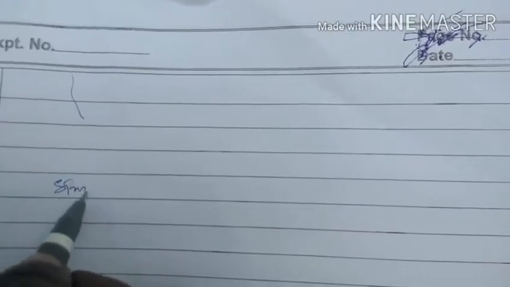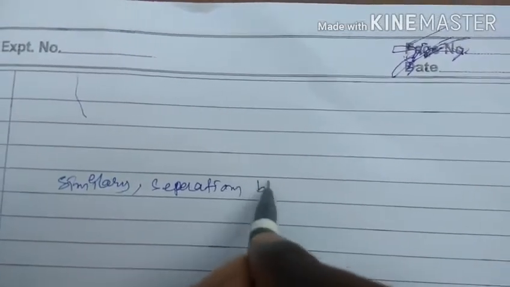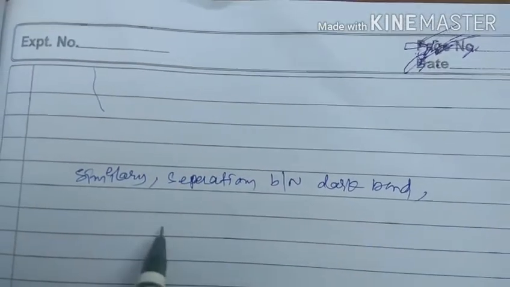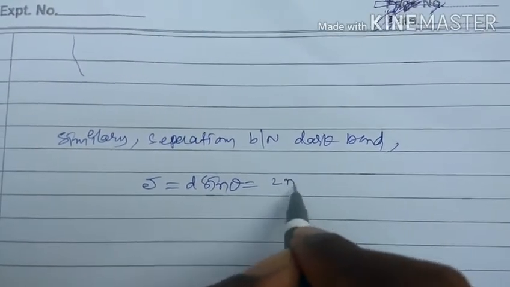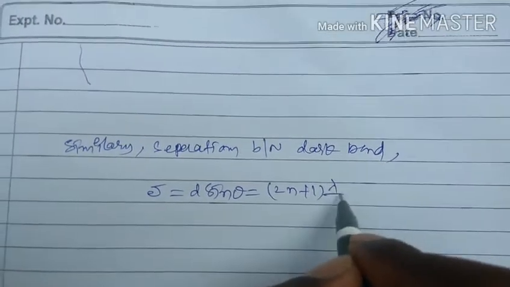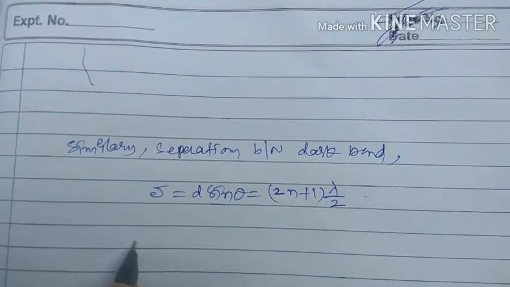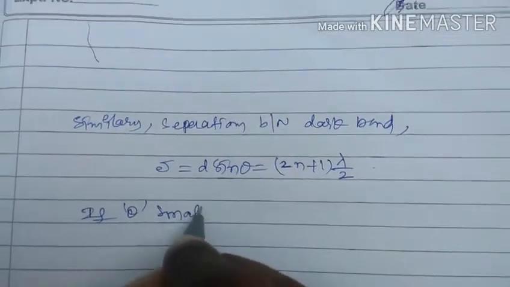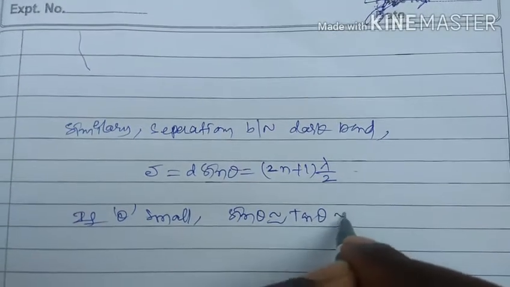Similarly, separation between dark bands. So that is delta equal to d sin theta, which is equal to (2n plus 1) into lambda by 2. So this is also explained in our previous class. Whereas if theta is small, then we can write sin theta equal to tan theta, which will be equal to theta.